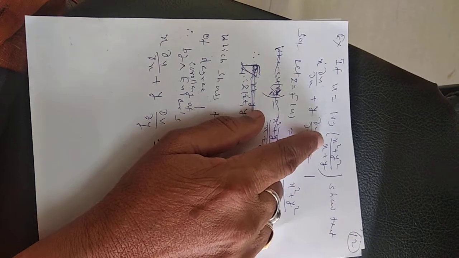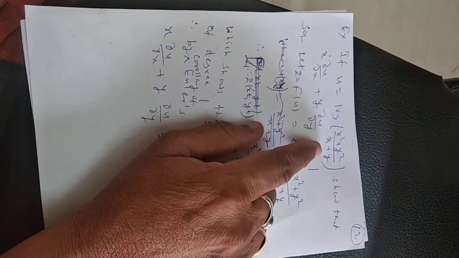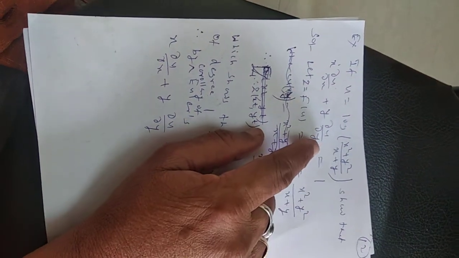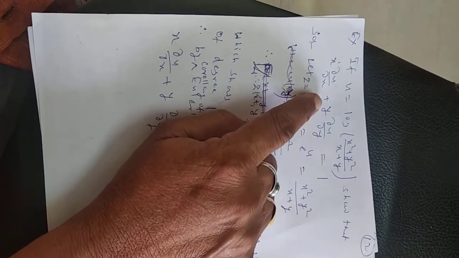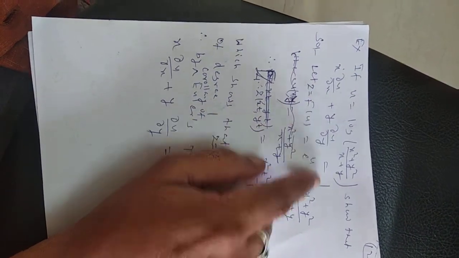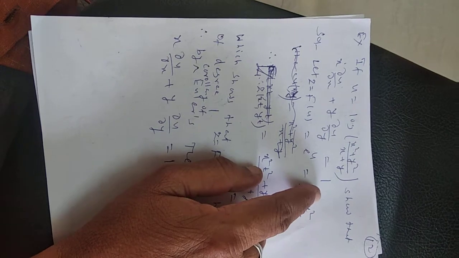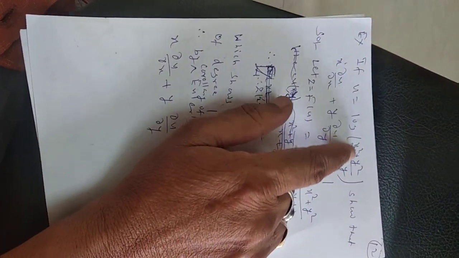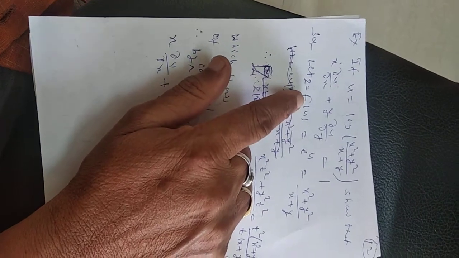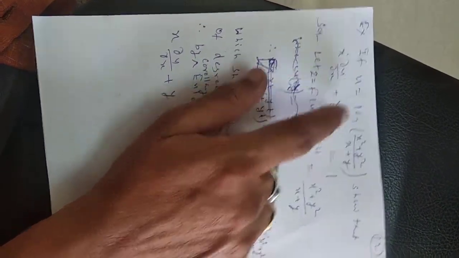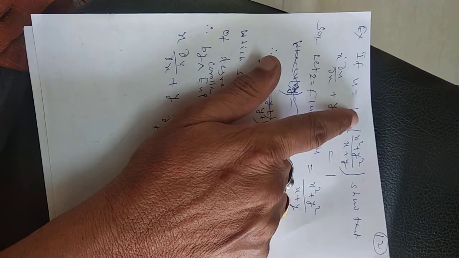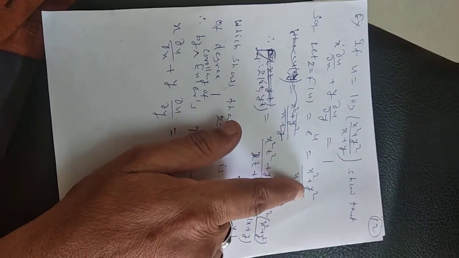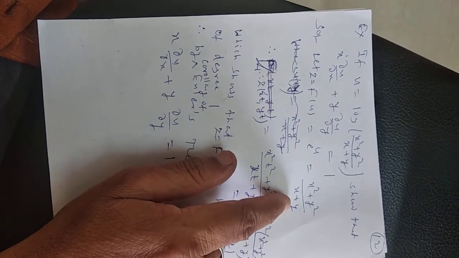Next example: if u = log((x²+y²)/(x+y)), show by Euler's theorem that x ∂u/∂x + y ∂u/∂y = 1. Here also this u is not directly homogeneous, but if we assume z = f(u) = e^u, e^u is e raised to log of this, so that is (x²+y²)/(x+y).